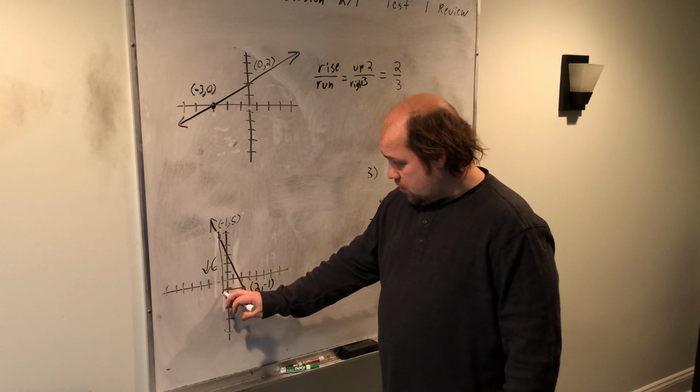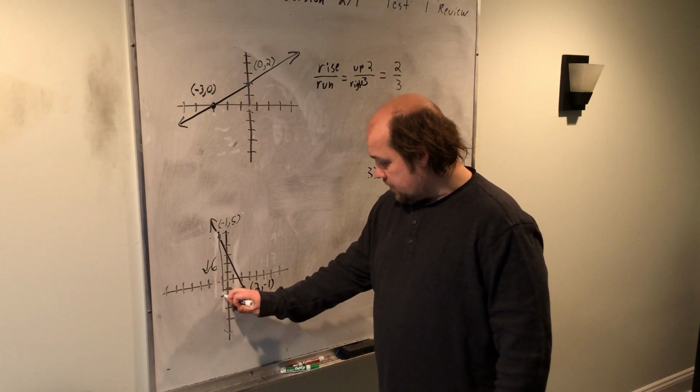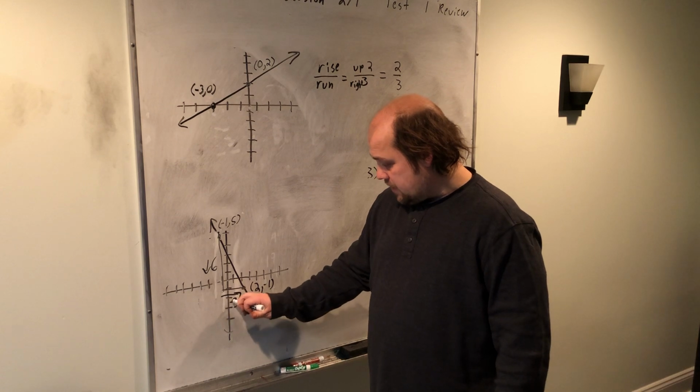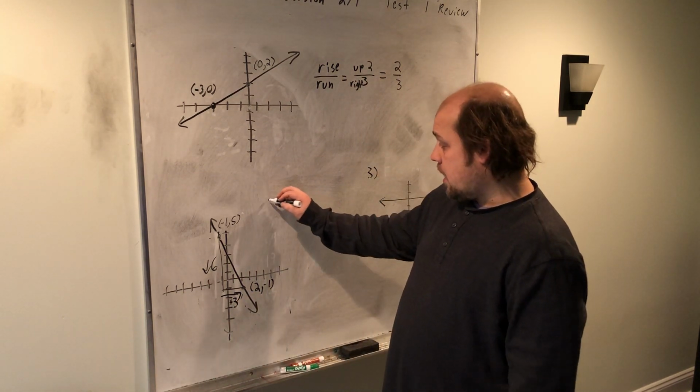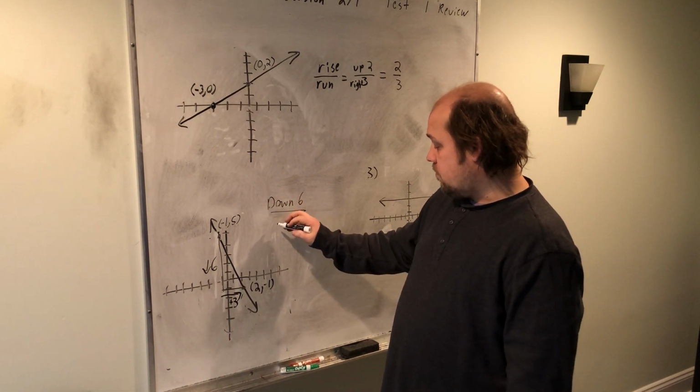To get from here at an x value of -1 to here at an x value of +2, this side means that I moved right +3. So that means that as rise over run, I went down 6 and I went right 3.